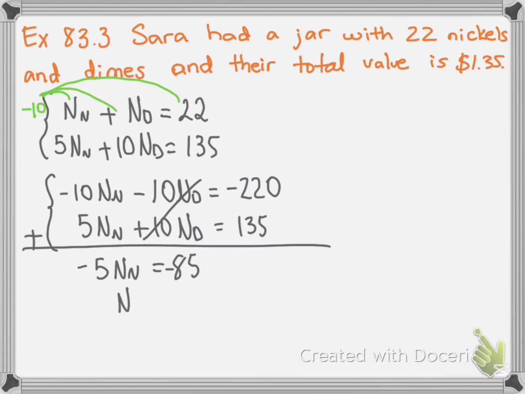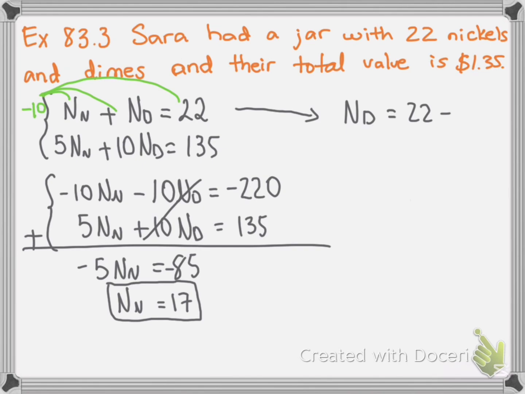If we pass the negative 5 to divide, then we get positive 17. And that would be the number of nickels. Then we go to the original equation, and we know that ND is going to be 22 minus 17, and that would be 5. And that's it. The number of dimes is 5, and the number of nickels, 17.